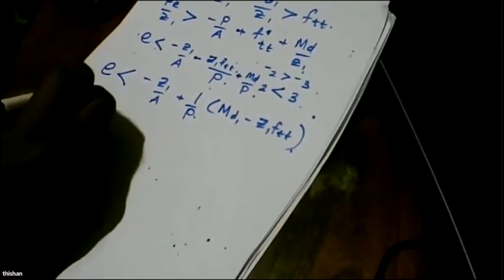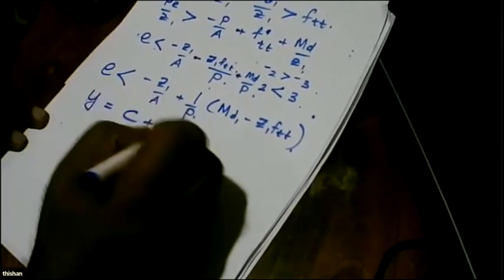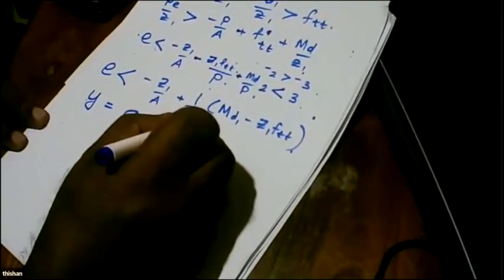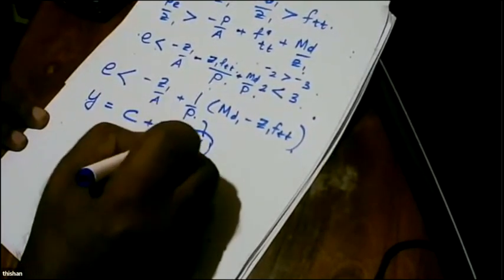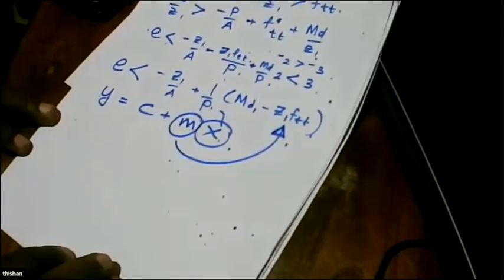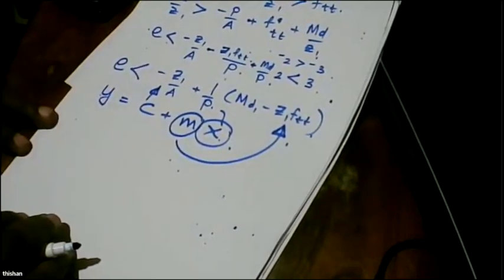So this is the first equation. You can see this is Y equal to C plus MX, and X is 1 over P. M is the gradient and it is given by this, and C is the intercept, it is given by this.